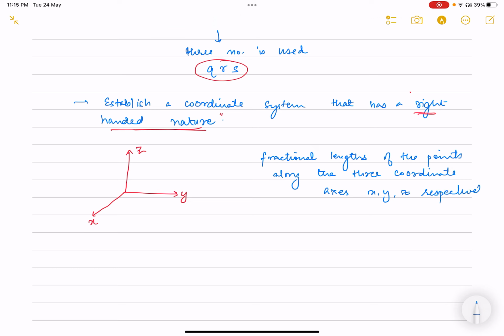So q is the fractional length along x, r is the fractional length along y, and s is the fractional length along z.